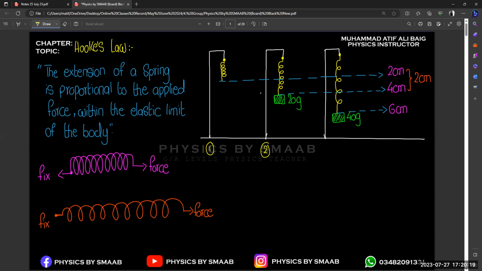But if we talk about the extension, because in the definition they use the word extension, extension means the difference between the previous length and the actual or new length, right? So you need to compare with the previous length. Every time you compare the length with the previous one, you always get a value of extension, right?